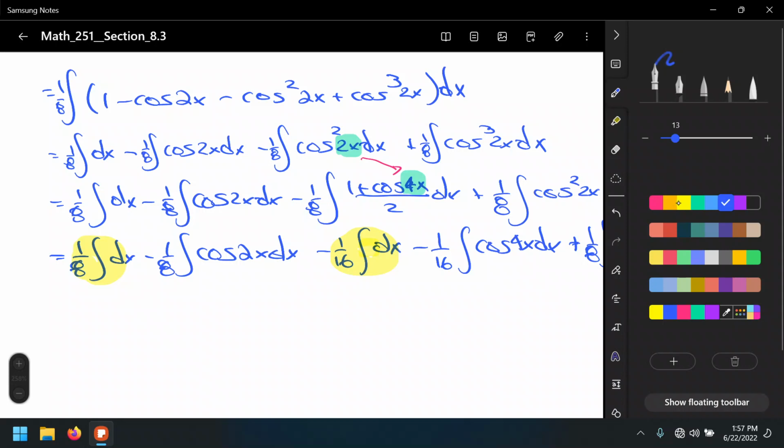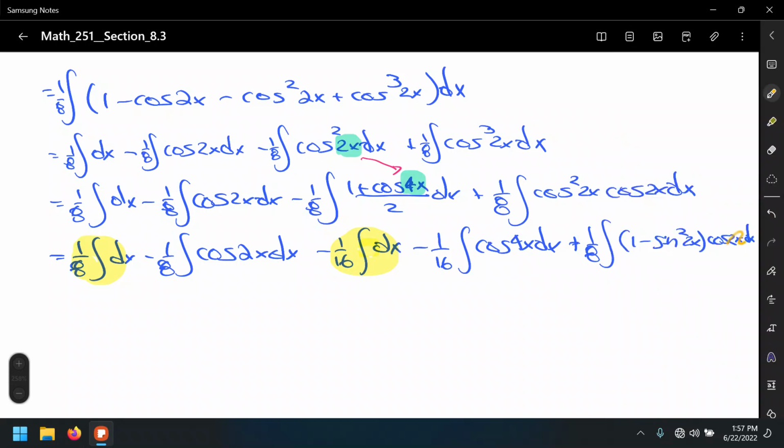The number two thing I'm going to do here is a u substitution on the last term. That is, u equals sine 2x, du equals cosine 2x dx times 2, where cosine 2x dx equals 1/2 du. Alright?